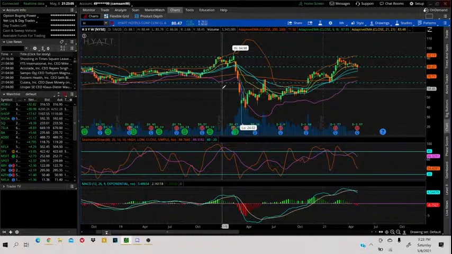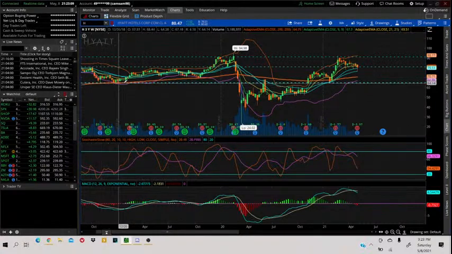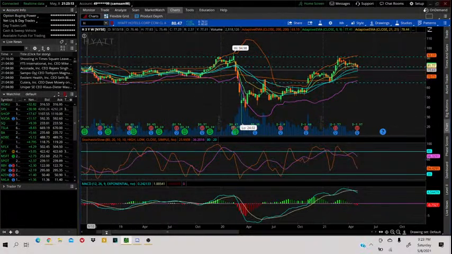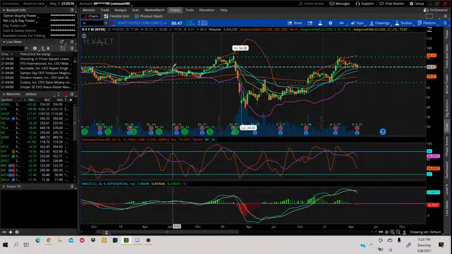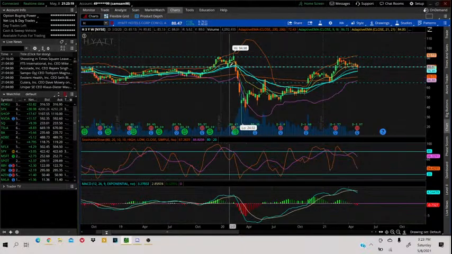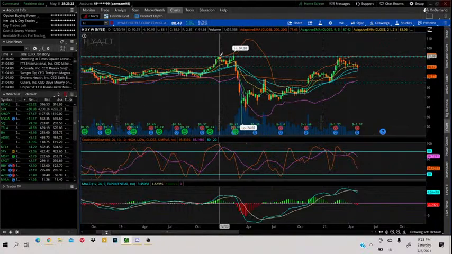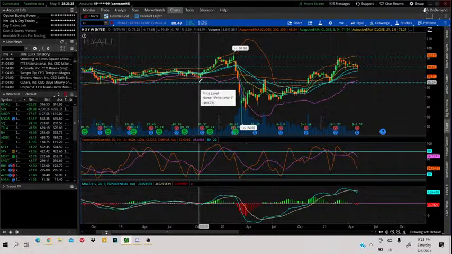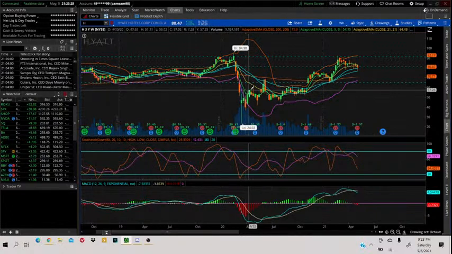What I'm looking for with support and resistances is very key: two to three touches, and then strong rejection. One touch right there, another touch there, another touch there. Then it broke through and became support, and this up here became the resistance. Then it broke back down through the other support. We're seeing a lot of touches here on H, on Hyatt.